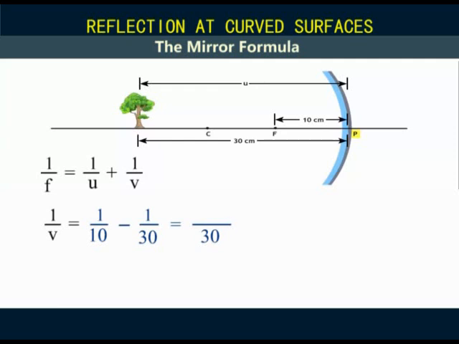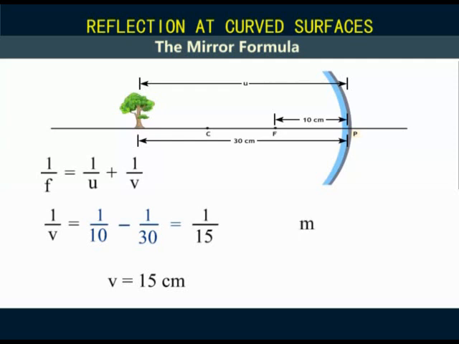So 30 divided by 10 is equal to 3, times 1 is 3. 30 divided by 30 is 1, times minus 1 is minus 1. That gives us 2/30, which is equal to 1/15. And so 1/v is equal to 1/15. Taking reciprocal on both sides, v is equal to 15 centimeters, and that is the image distance.